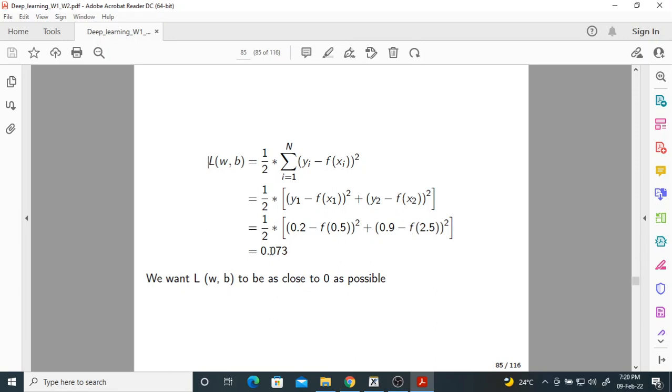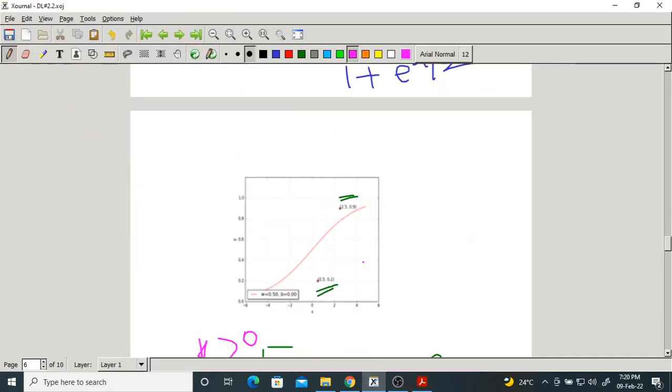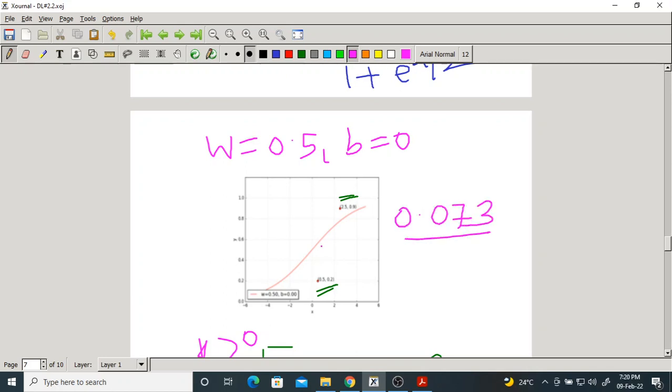You find out, you get 0.073. This is a loss which is not close to 0. How much loss are you getting? 0.073, which means the amount of loss you are getting for W equal to 0.5 and B equal to 0 is 0.073.